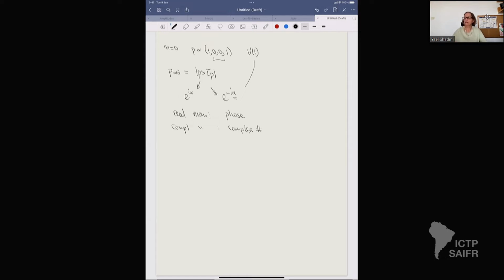Okay, so we're saying the U1 little group very, very explicitly when we rewrite our momenta in terms of massless spinors.